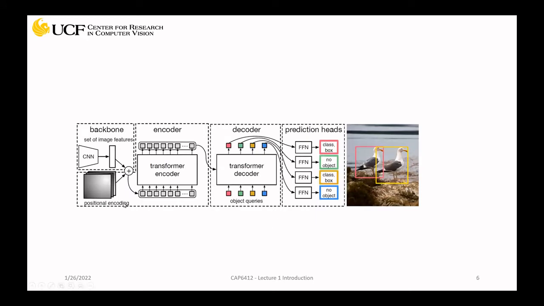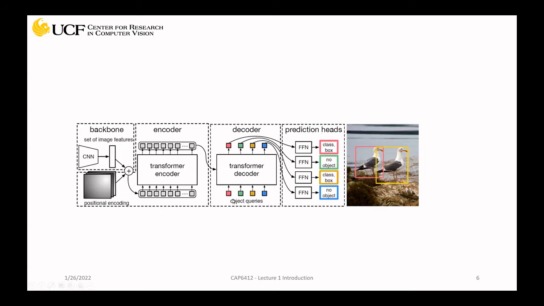So a little bit more detail. We take an image, get CNN features, we do the position encoding, we get these tokens, the transformer encoder, we get encoded tokens, and then we have the decoder, and then there are object queries. So they put 100, so the maximum number of objects that can occur in an image is 100.